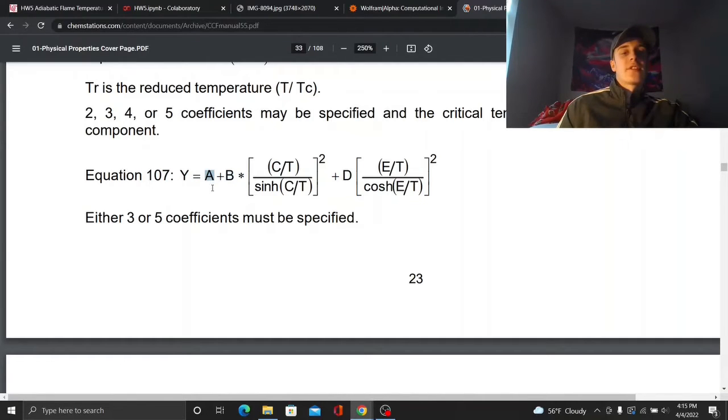We're going to first integrate A, and then integrate B times this hyperbolic sine part here, and then D times the hyperbolic cosine part here.